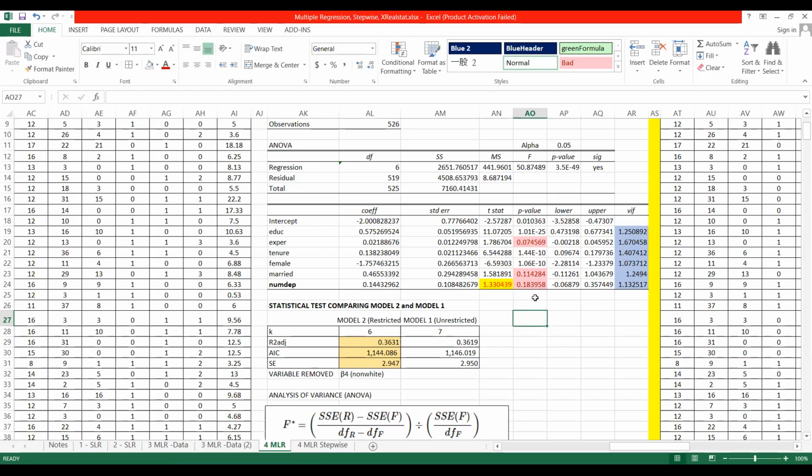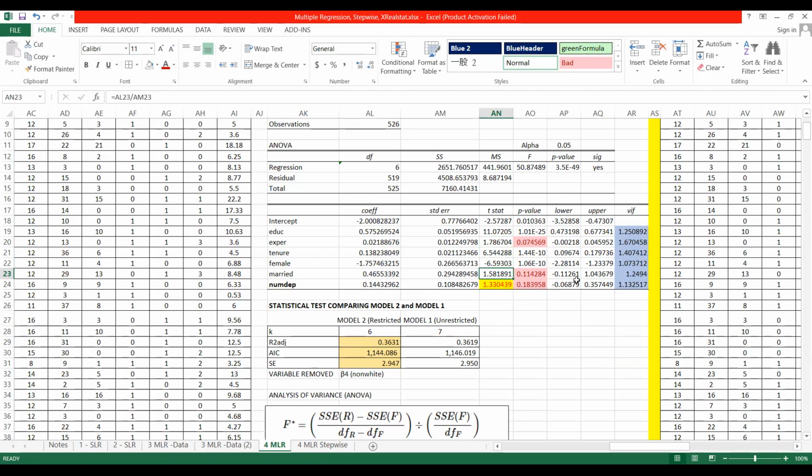Then we have lumalabas na si experience, si married at saka si number of dependents are insignificant. Tapos ang candidate natin for leaving variable is number of dependents. 1.33 yung t-stat niya as compared to 1.78 at saka 1.58.